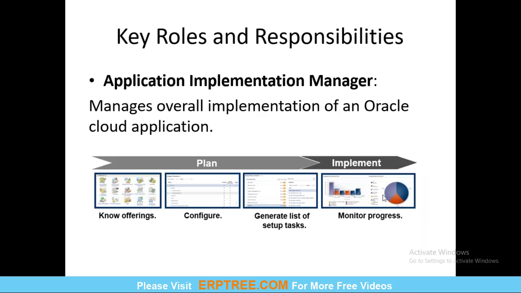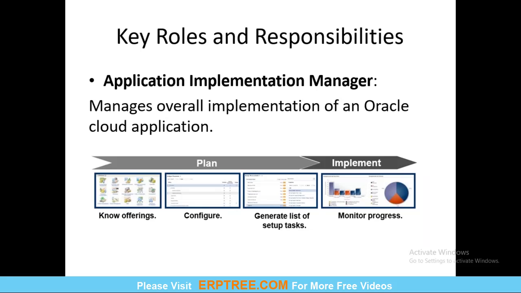Let's say if you have multiple implementation projects, you can monitor what is the progress of those projects, where they currently are, what their deadlines are, how many tasks are completed, how many are due by this month, and how many are not yet started, which are overdue.